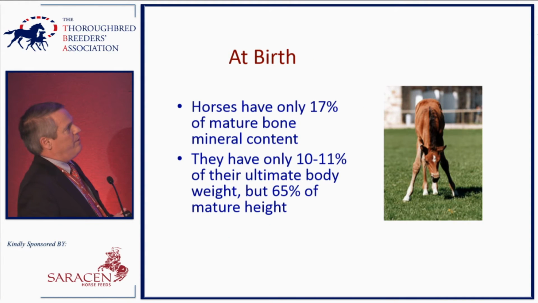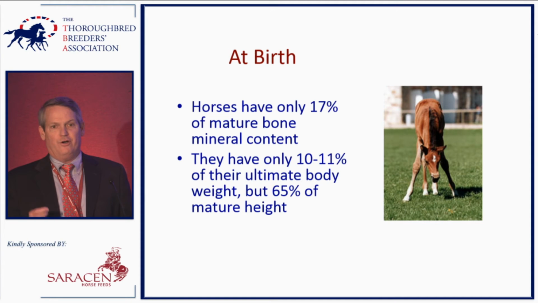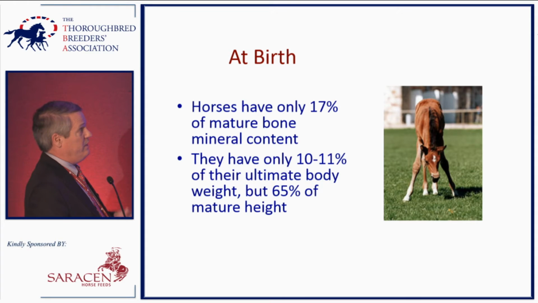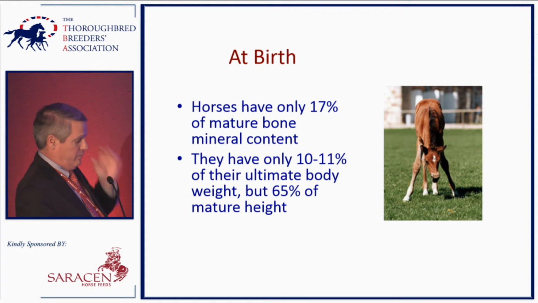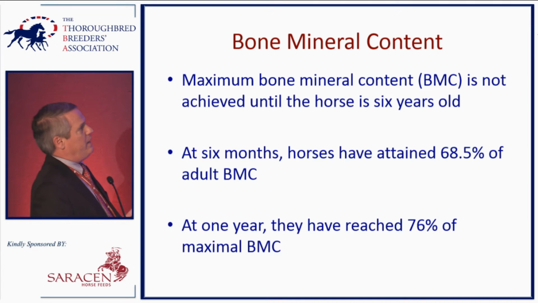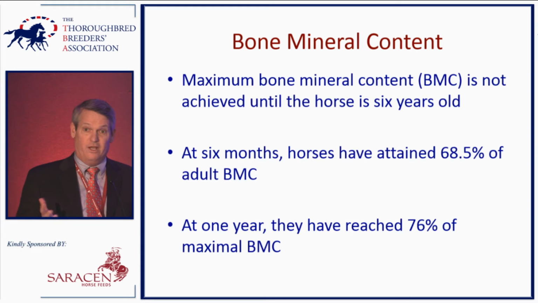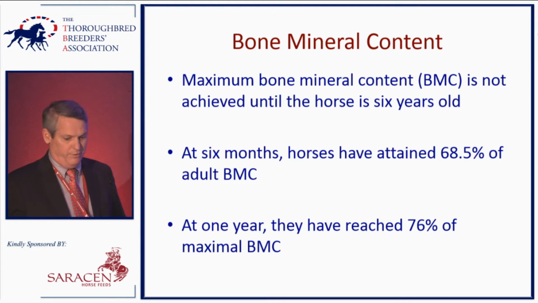If we look at birth, a horse only has about 17% of its mature bone mineral content at birth. I told you earlier it's 65% of its mature height, but it only has 17% of bone mineral content. Maximum bone content's probably not achieved until the horse gets to 6 years old, long after thoroughbreds have been retired.